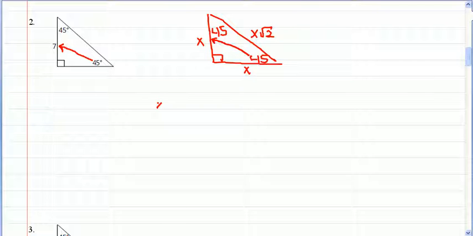So that means that x is equal to 7. So once you identify your x, you replace all of the x's in the reference triangle with that value. So you have 7, 7, and 7 root 2.